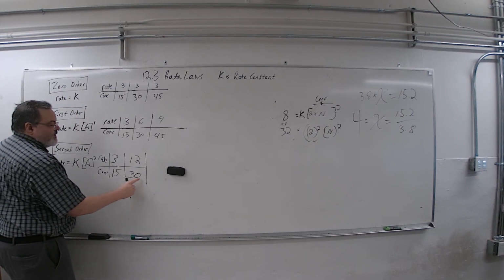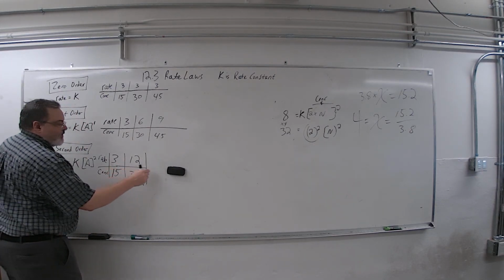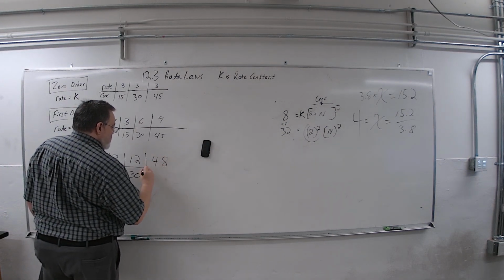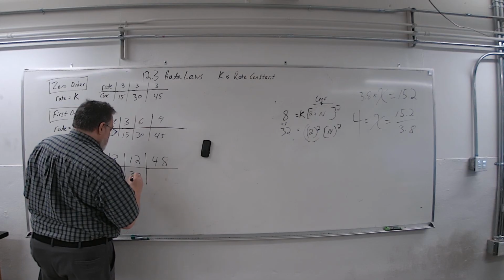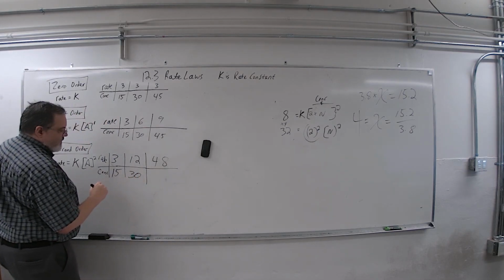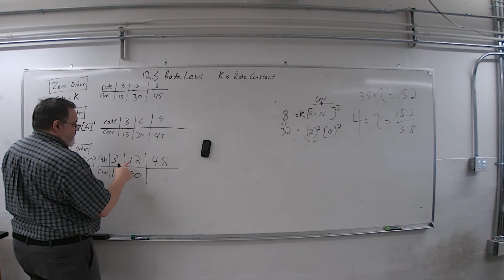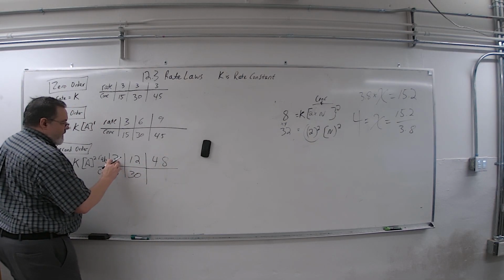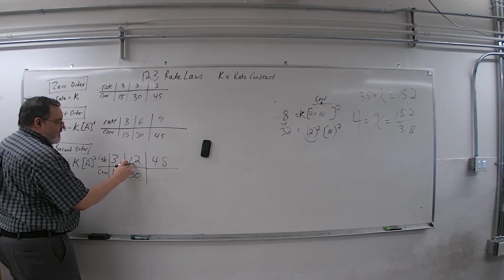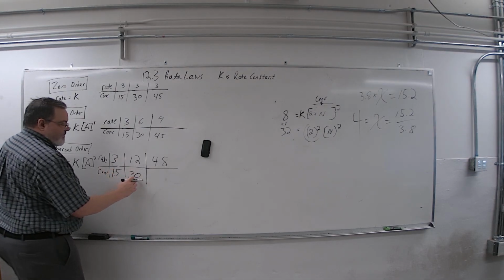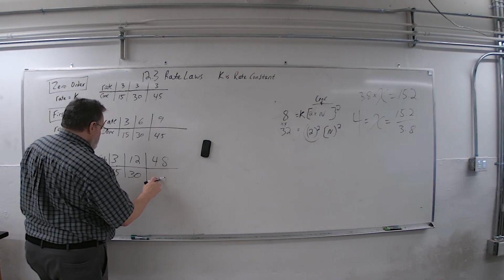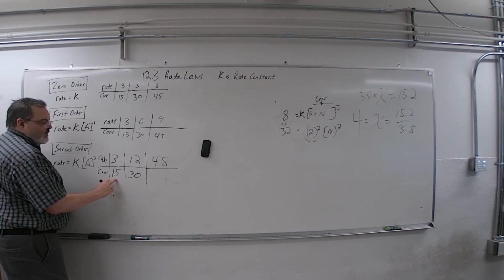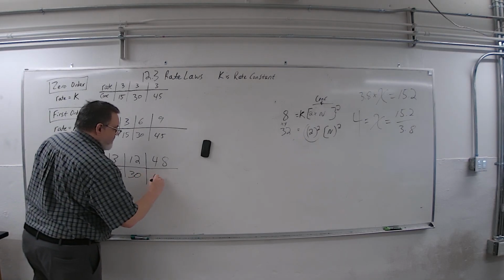This one went up by a factor of 2, this one went up by a factor of 4. There's 12. And if this goes up by a factor of 2, I want this to go up by a factor of 2, factor of 3.